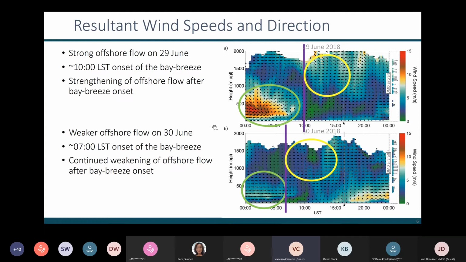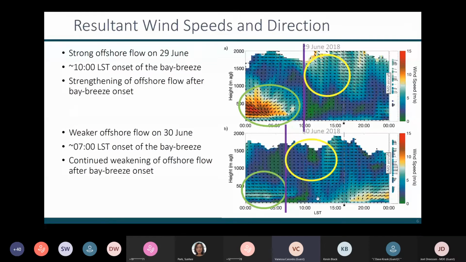What was really interesting to see is that we are typically able to easily recognize these Bay Breeze events because they create a convergence zone between onshore and offshore flow, and then that offshore flow gets lofted up above the Bay Breeze over the water. And so that's what we're seeing here.